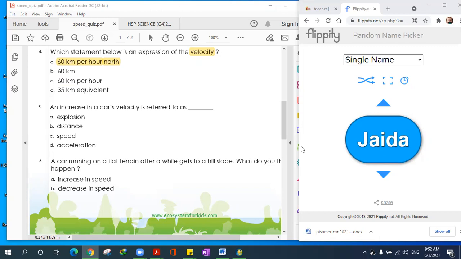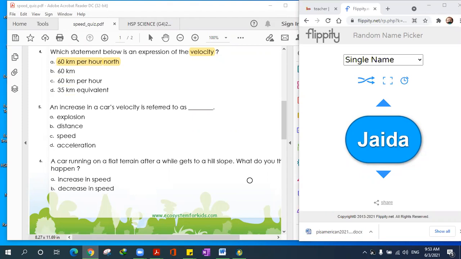Now we have Jaida's turn because Omar is not in the session. So Jaida, would you like to answer number 5? An increase in a car's velocity is referred to as... when the velocity increases, that means it's changing.